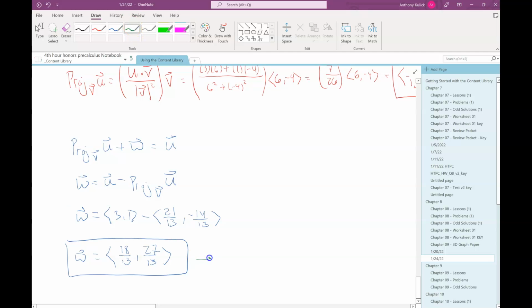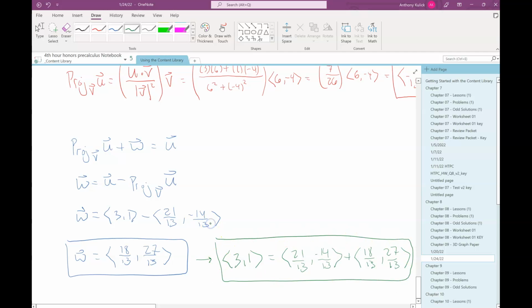And from that I can say then my vector u is equal to my projection of u onto v plus this vector w, and those two vectors I know are orthogonal because of the definition of a projection.